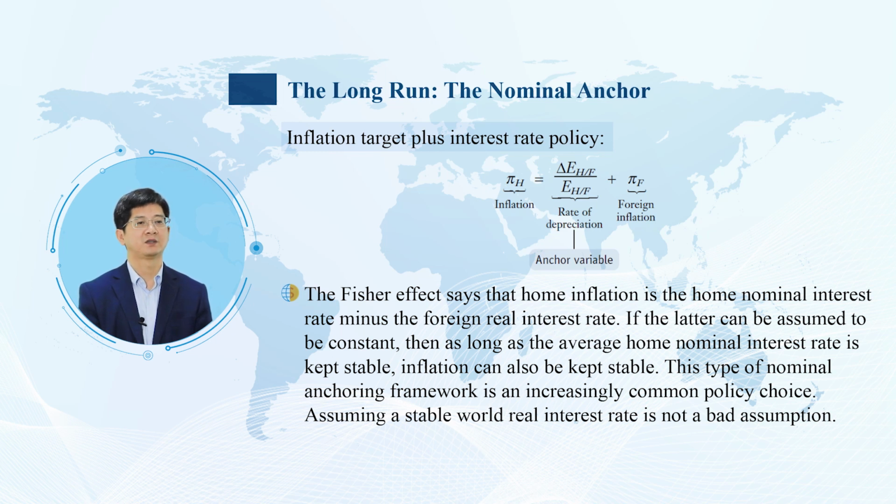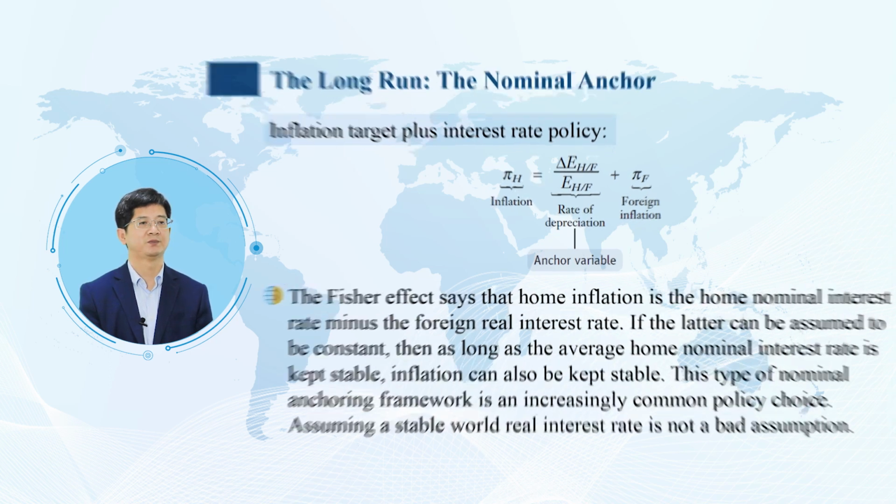If the latter can be assumed to be constant, then as long as the average home nominal interest rate is kept stable, inflation can also be kept stable. This type of nominal anchoring framework is an increasingly common policy choice. Assuming a stable world real interest rate is not a bad assumption.